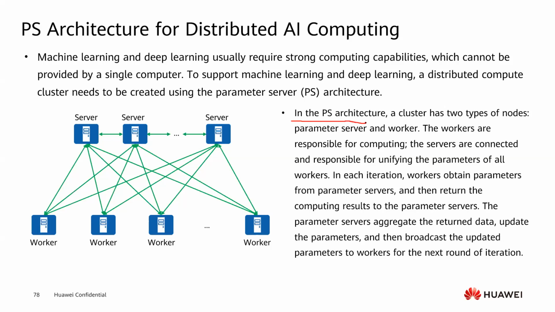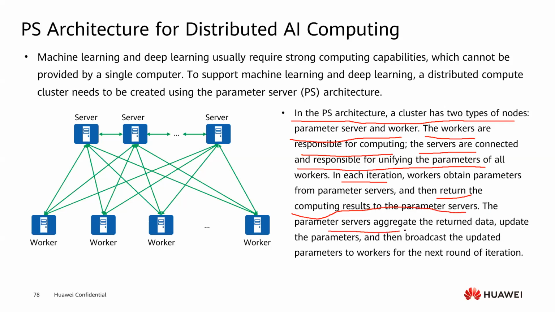In the PS, parameter server, architecture, a cluster has two types of nodes: parameter server and worker node. The workers are responsible for computing. The servers are responsible for unifying the parameters of all workers in each iteration. Workers obtain parameters from parameter servers and then return the computing results to the parameter server.